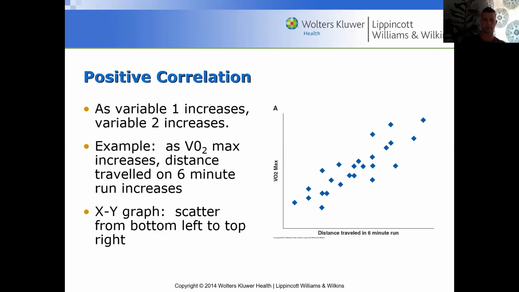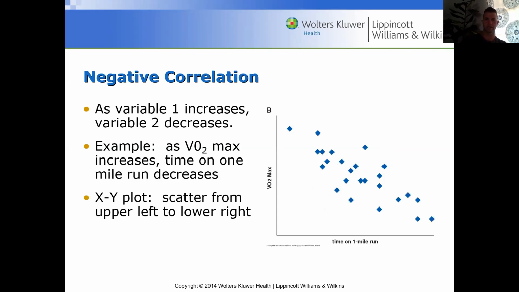The XY graph is a scatter plot, but you can see a line developing across it. Negative correlation: the faster the times on a 1-mile run, the higher the VO2 max. Those who can run their miles quicker have a higher VO2 max than those who run it slower.